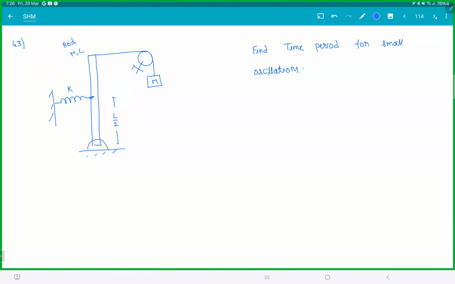Let's try to disturb this. Here, mg also will come into the picture, because initially, what is the torque of mg? It is 0. But when you displace the rod, mg is also rotating the rod, no? In this problem, you have to take mg.